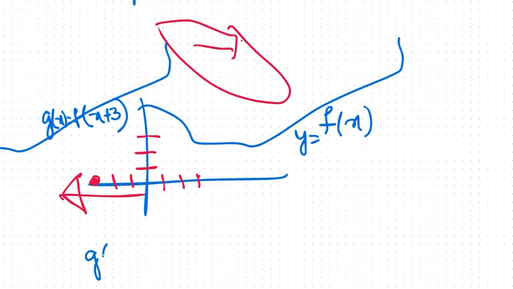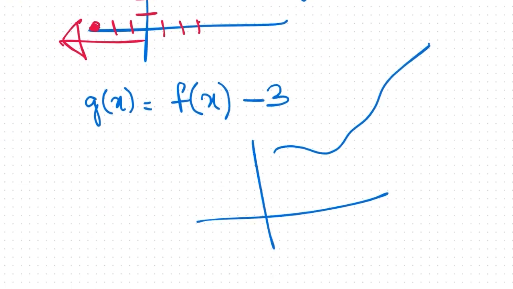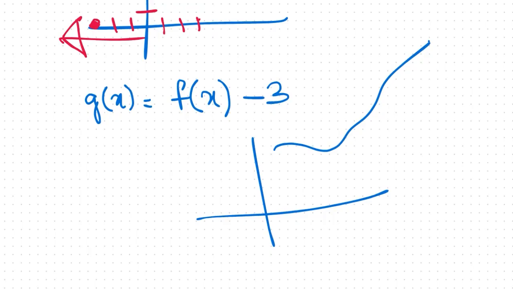So let's say if g of x is f of x minus 3, how will the graph be? Let's say f of x is some random graph like this. Can you draw the g of x now in this? Minus 3. Okay.